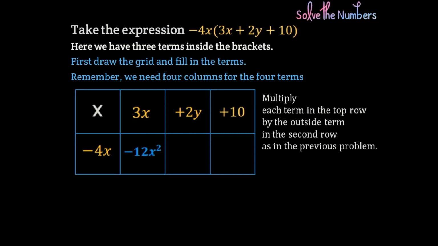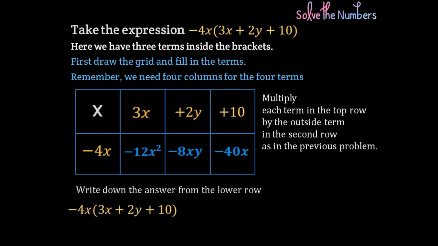Then we multiply negative 4x by positive 2y and we get negative 8xy. Then we multiply negative 4x by 10 and we get the answer negative 40x. Write down the answer from the lower row. Negative 4x times (3x plus 2y plus 10) is equal to negative 12x squared minus 8xy minus 40x.